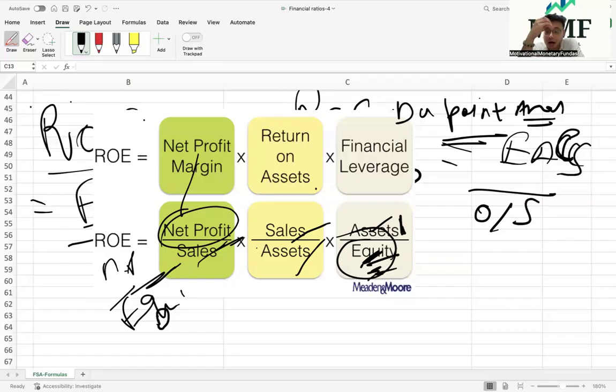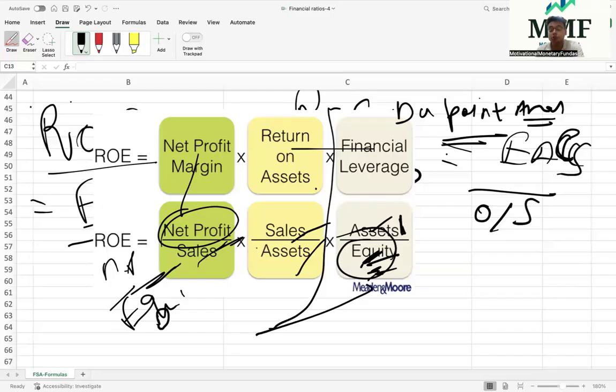So if your ROE is rising on account of higher financial leverage, it is not good for the firm. But if your ROE is rising on account of a higher net profit margin and higher return on assets, it is good for the firm, right? That is something we need to be cognizant about, and that is where they try to break this down: which factor is contributing to the rise in ROE?